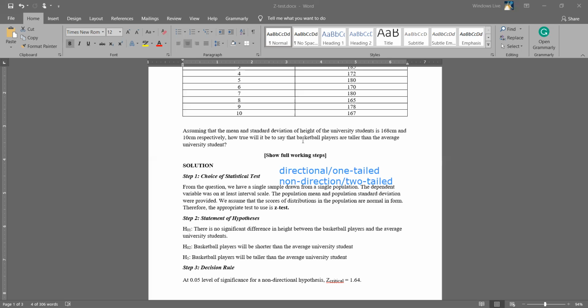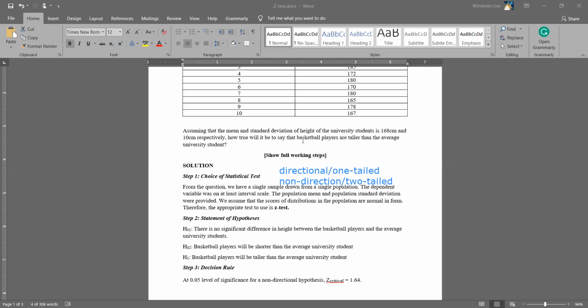In some instances, they wouldn't tell you that one is taller than, or one is shorter than, or one is greater than, or less than. They will just say that between the two groups, there will be an influence, or there will be a difference in their height. So when they say there will be a difference in their height, they haven't specifically told you whether this group will be taller than the other group or shorter than the other group. They just said that between the two, definitely there will be a difference.